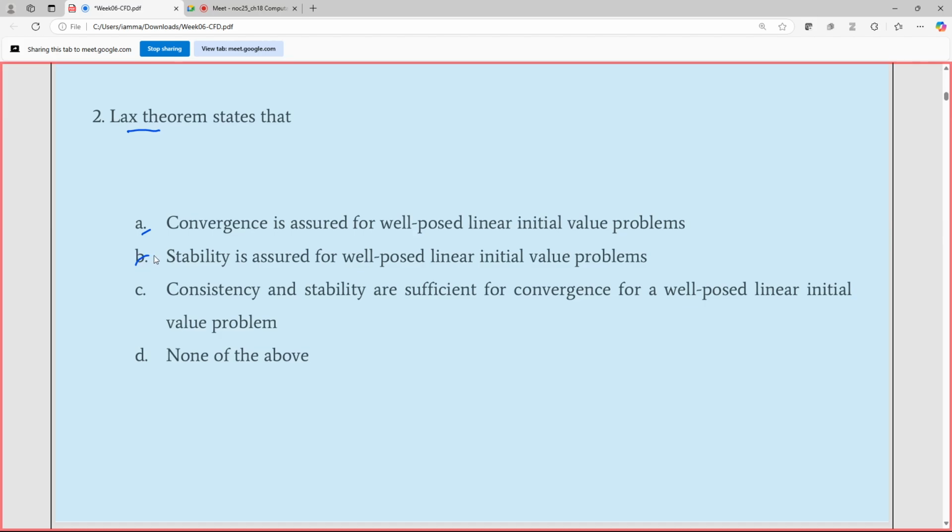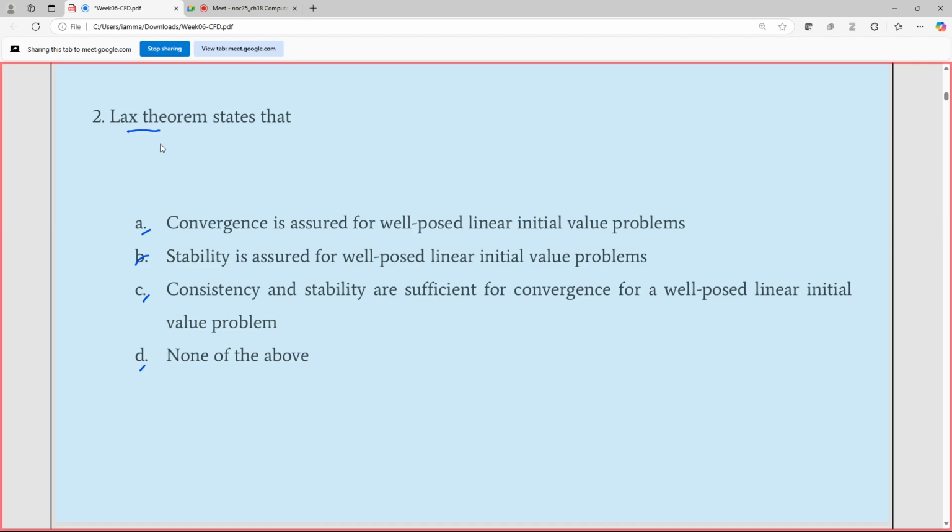Option B, stability is assured for a well-posed linear initial value problem. Option C, consistency and stability are sufficient for convergence for a well-posed linear initial value problem. Option D, none of the above. So which among these best suits the statement of the Lax theorem?